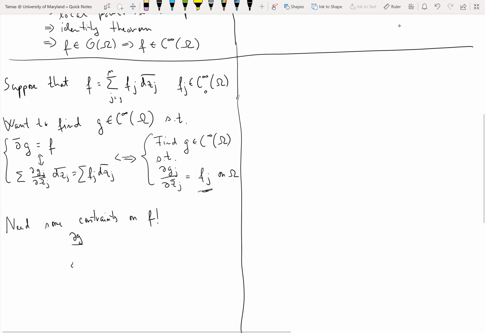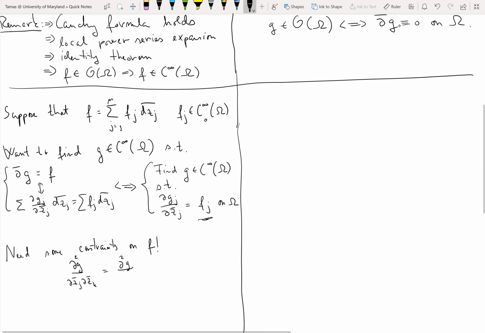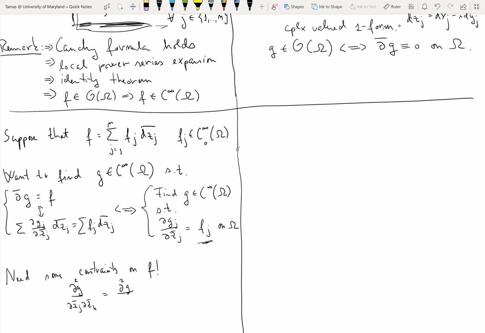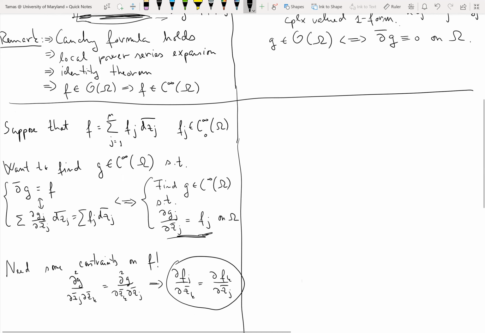So if you take a partial in the Zj bar direction and then a partial in the Zk bar direction, it's the same as taking a partial first in the Zk bar direction and then the Zj bar direction. So if this equation holds, then del Fj over del Zk bar should always equal del Fk over del Zj bar. So you do have this sort of trivial constraint on your one form.